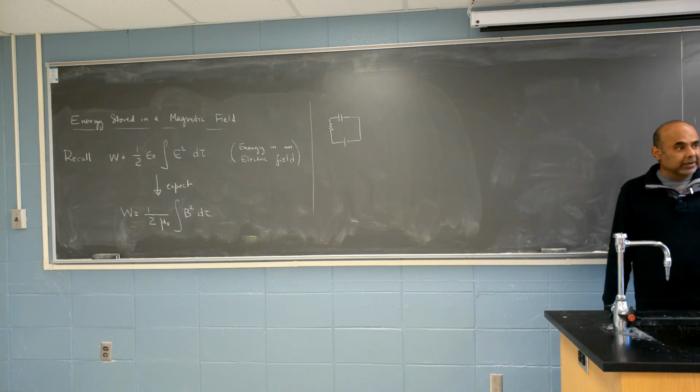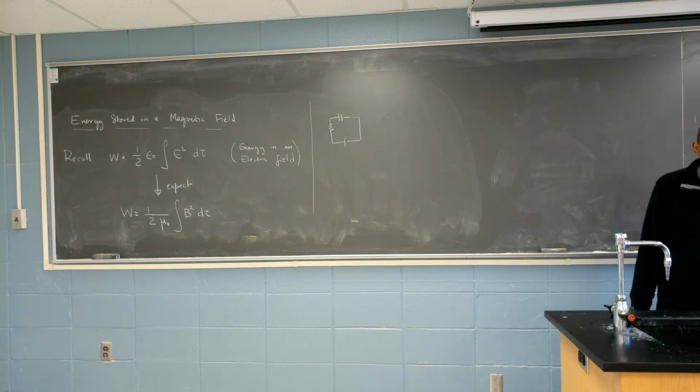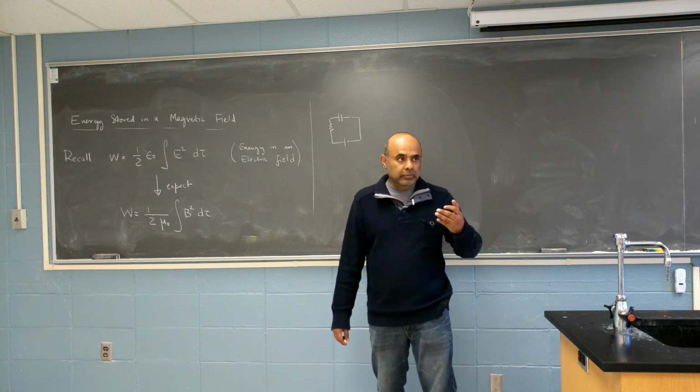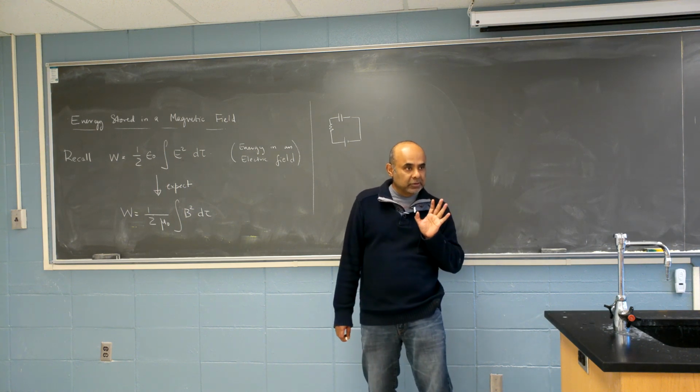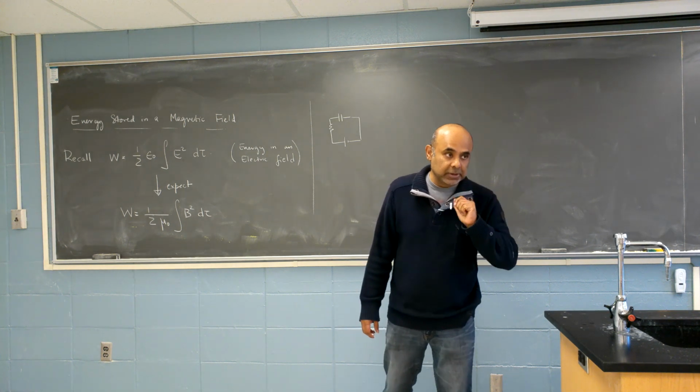But there is a back EMF. To sustain the current, you have to fight the back EMF. So when you have an induced EMF, you have to supply an EMF opposite to that.